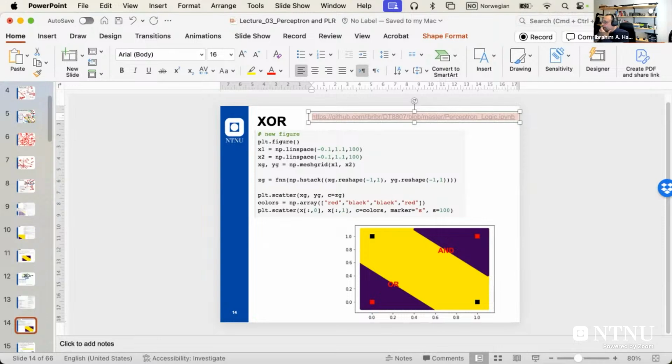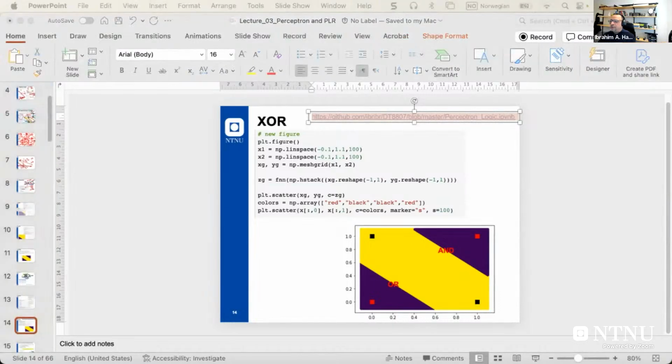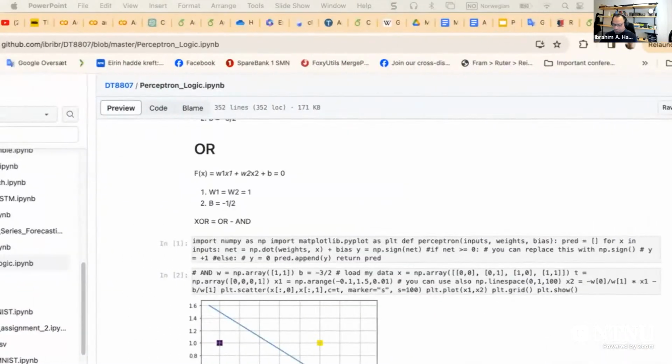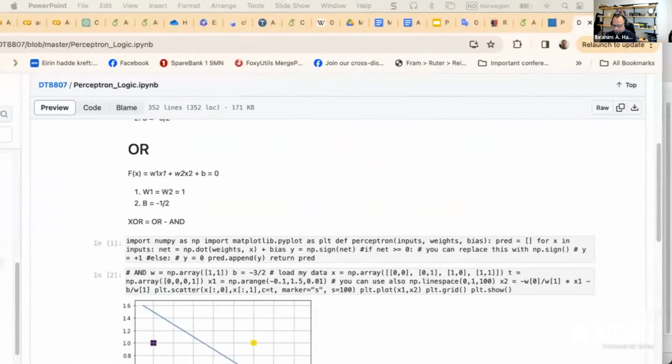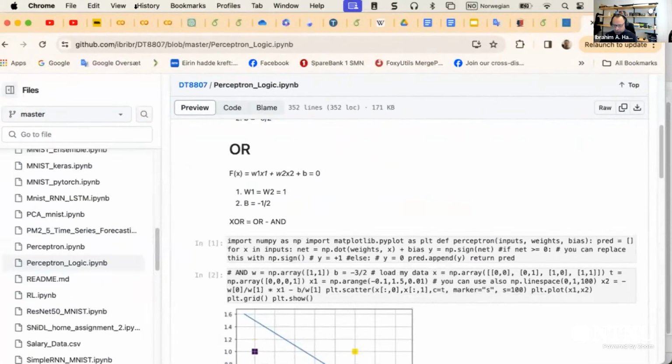You have it in the chat. I will open it on my computer as well. Okay, I will share. Can you see my screen? Yes. Can you see my screen, please?